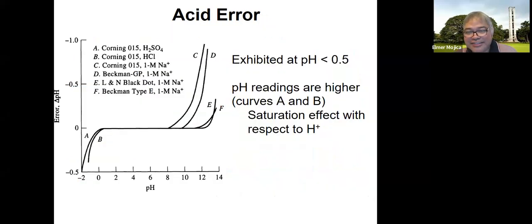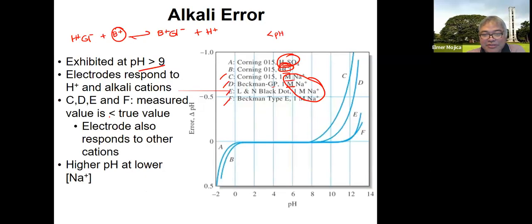Now for the acid error, this is exhibited at pH less than 0.5. So the typical glass electrode exhibits an error opposite in sign to the alkaline error in solutions of pH less than 0.5. So here you could see the AB, because that's the one that you dissolve in the acid. This is just the same as the one that you had earlier. Iniba lang yung kulay.